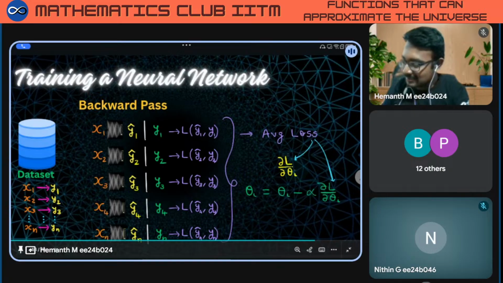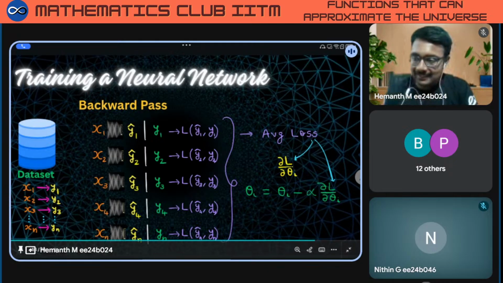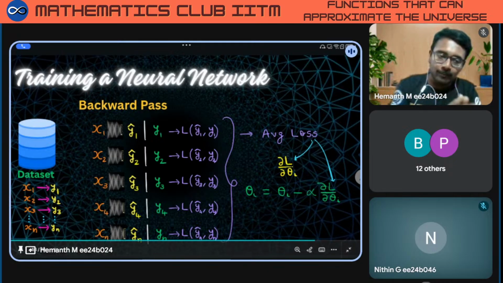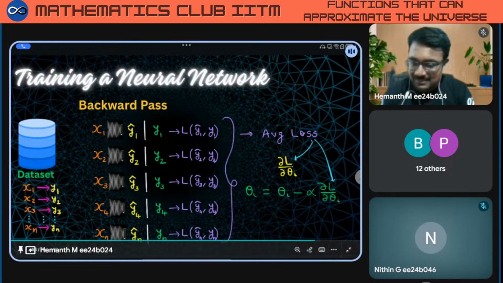It is this average loss that is used for calculating the gradient and the update step. By trying to minimize the average loss, we are essentially telling the model to learn the entire mapping, the whole function that maps all of these simultaneously. That is how this model will learn the entire data set.